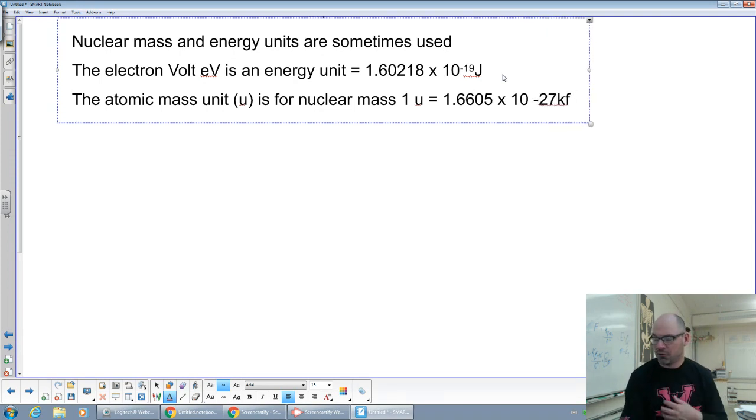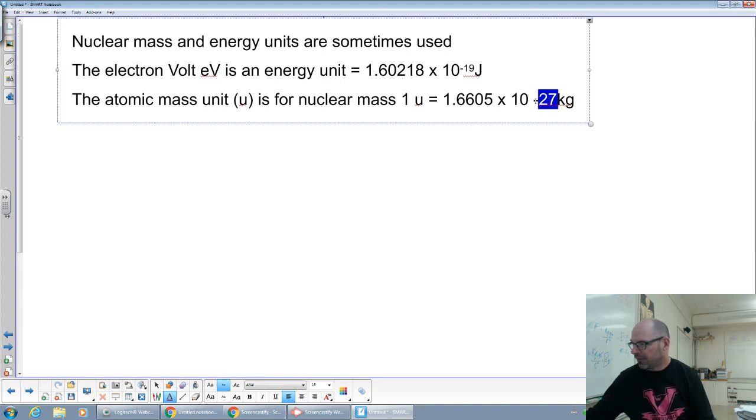A proton and a neutron are slightly different, so they're close to this, but not quite. They calculate this using Einstein's equation, but that's what it equals as a constant.